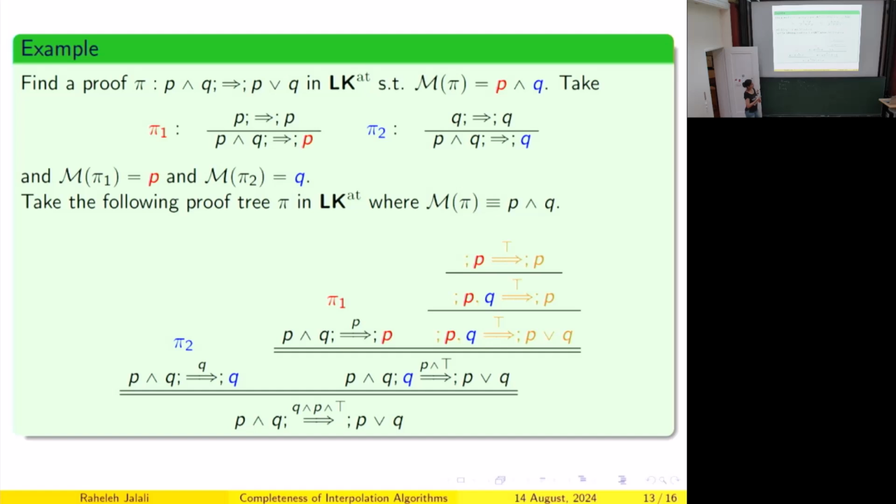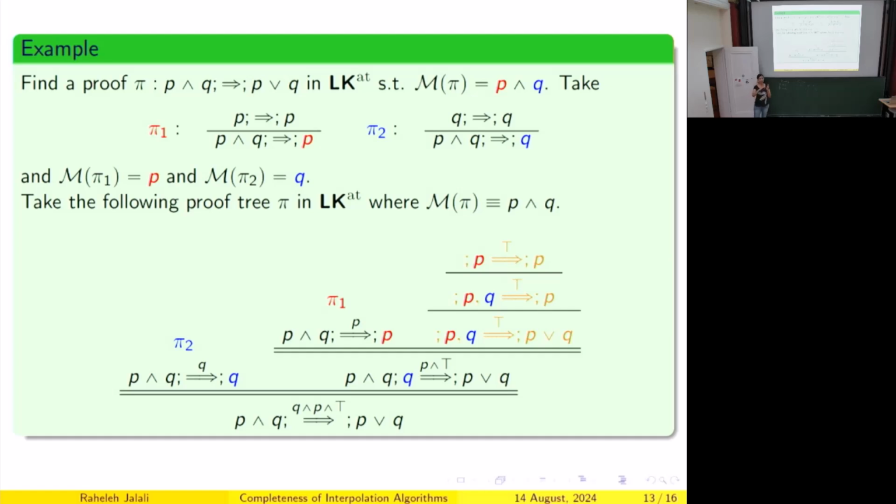Since this is provable, I take a cut-free proof, and I show that the interpolant is always top. Then I use cuts on atoms to find the proof for the sequent itself. Note that I had the interpolants for P and for Q, and I have a lot of tops. Based on the interpolation procedure, the cuts will produce conjuncts.